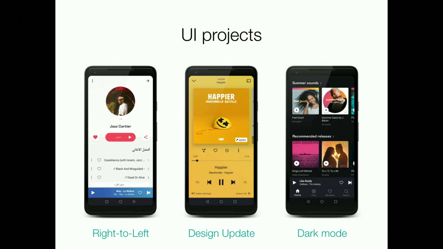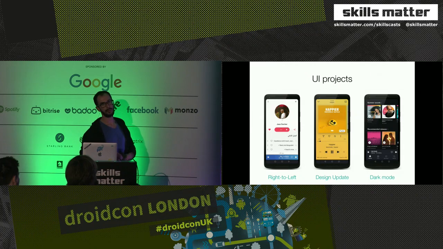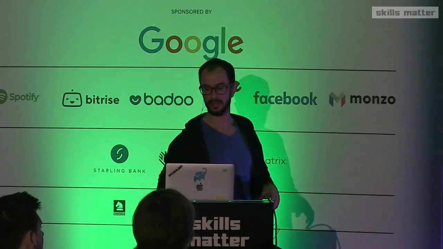Second, we had a major update in the user interface, in the design, following a new logo and a new brand, so we had to change most of our UI components on our application. And the last one is that during this summer, we released the dark mode. And all these projects would not have been possible in such a short time without our design system set in place.